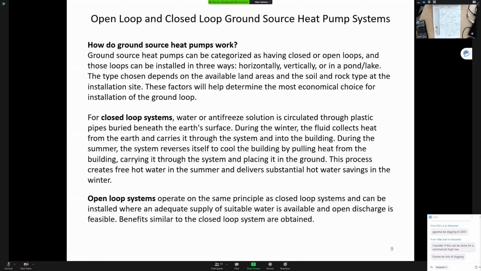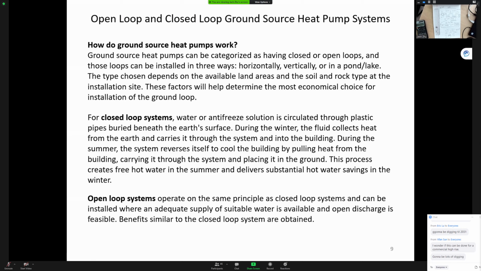The open loop system here is if you have a pond or lake or something, you just extract the water from the pond, from the lake, or even underground water. Then you bring the water through your system to do the heat exchange.